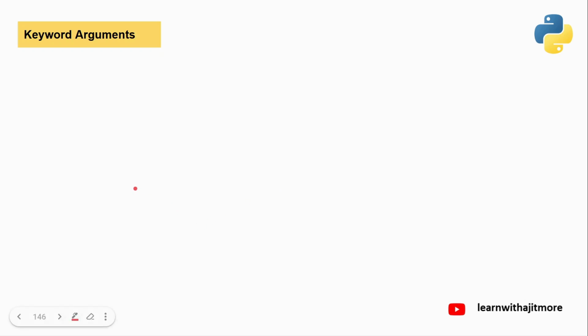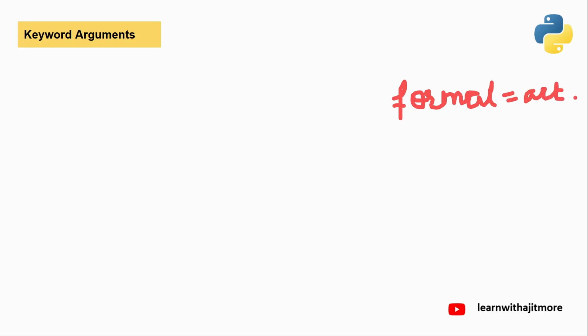Why? Because at the time of call, you're not only mentioning the actual value, but you're also corresponding that actual value with its formal. Means at the time of call, you also have to mention the name of the formal equal to actual. Get it?